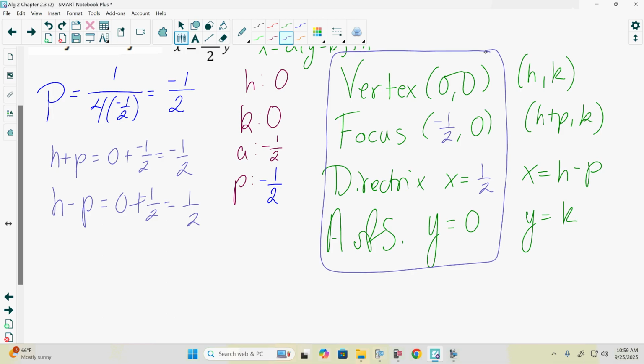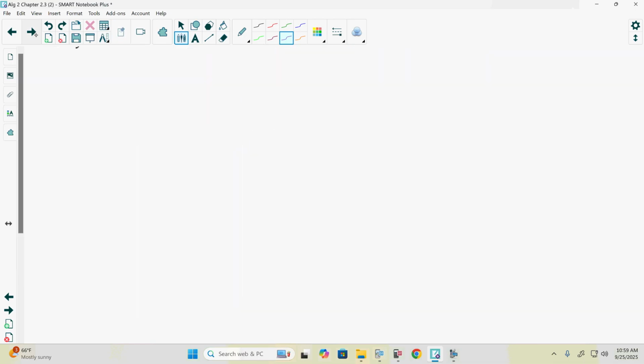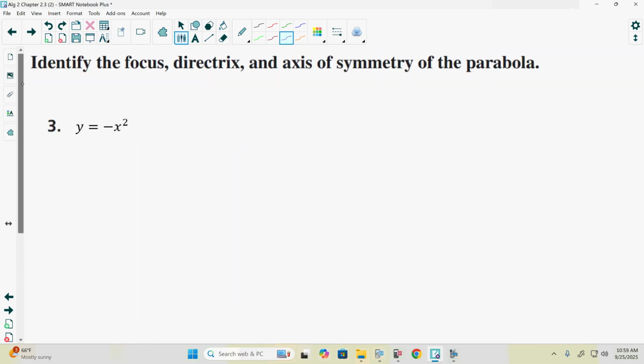We have two more wanting us to find the vertex, focus, directrix, and axis of symmetry. Which one of those two do y'all want to look at? So y equals -x squared, or I think the other one is x equals 1/6 y squared, the other direction.